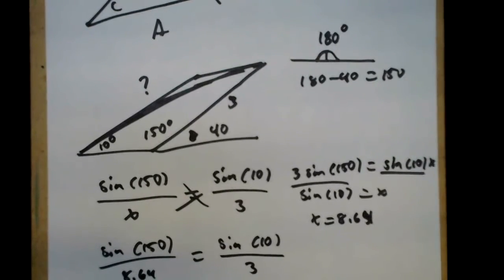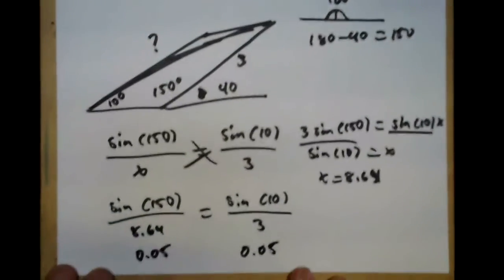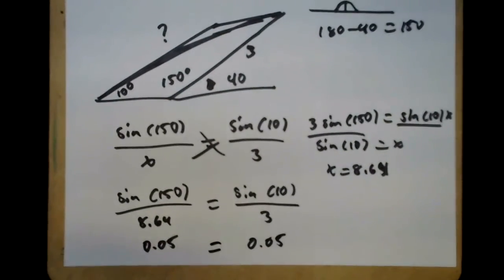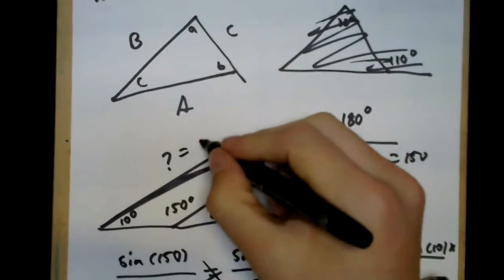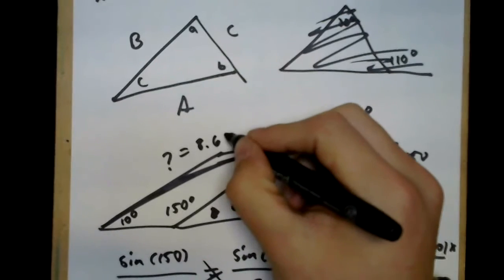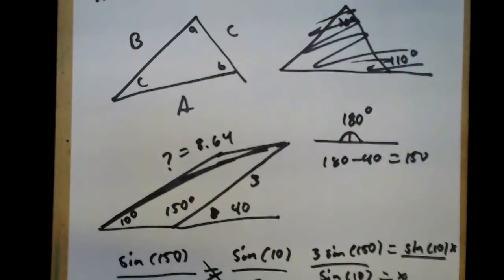Sine of 10 over 3, you get 0.05. So they're both equal to each other, saying that this is 8.64.